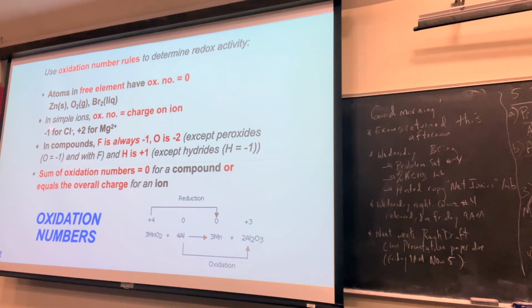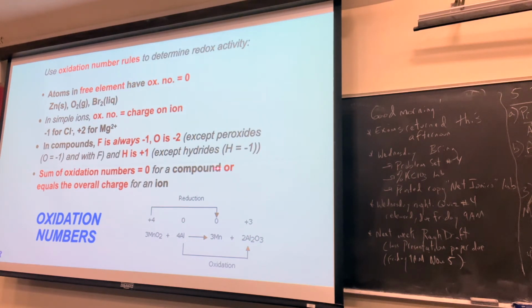On the other hand, if you have what's called a simple ion, like chloride or magnesium, whatever the charge is equal to the oxidation number. So magnesium, +2, chloride, -1. And those are not only the ionic charges, but they're also the oxidation numbers.